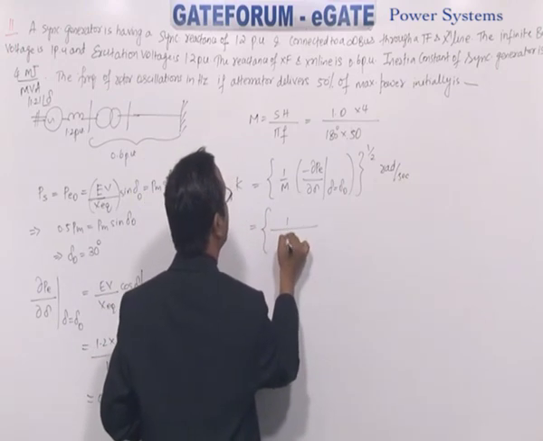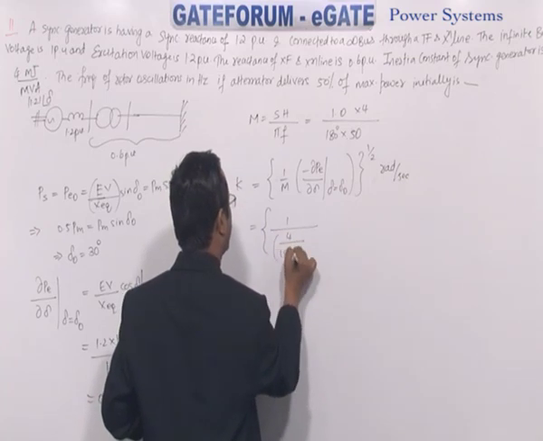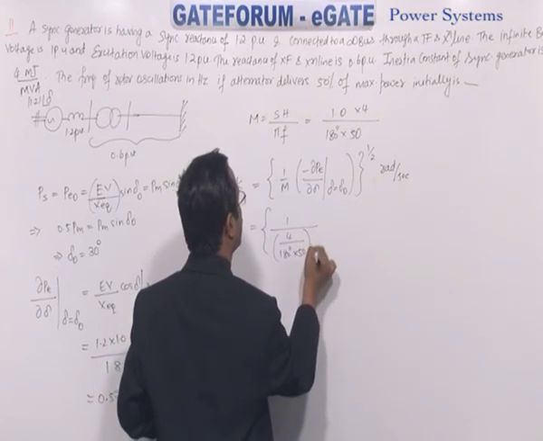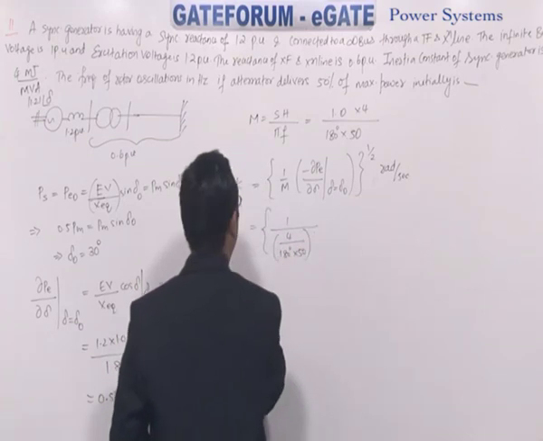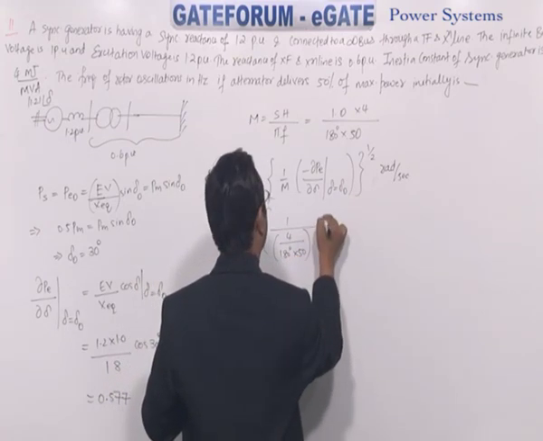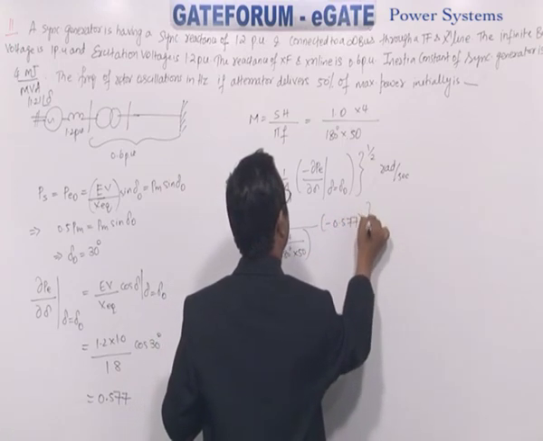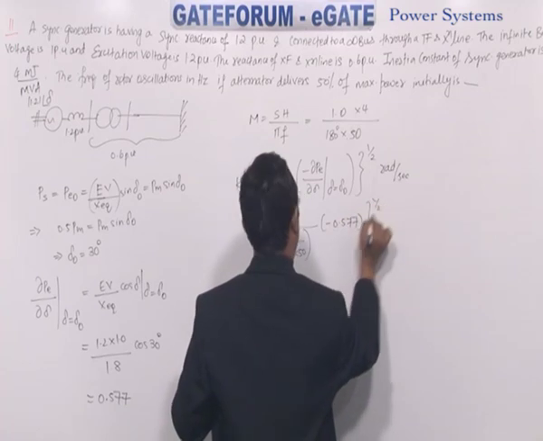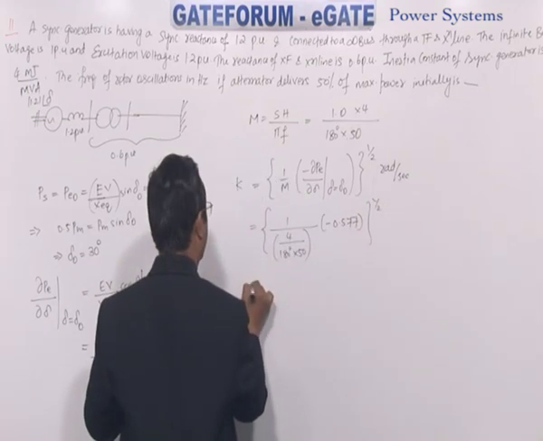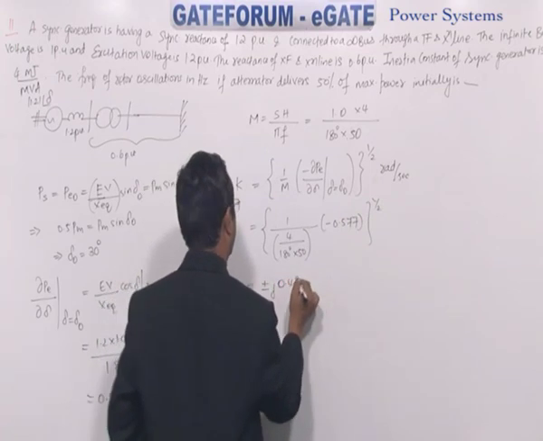So 1 by 4 by 180 into 50, times minus of dou PE by dou delta. How much is it? Minus 0.577. So on simplifying you get plus or minus j 0.48.